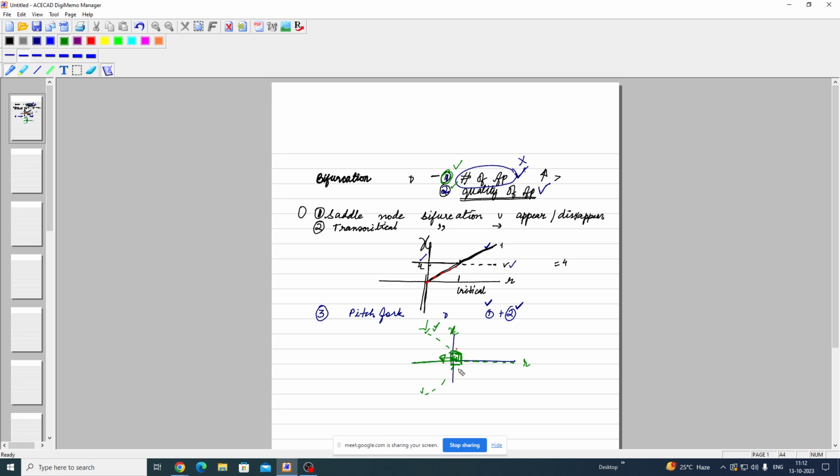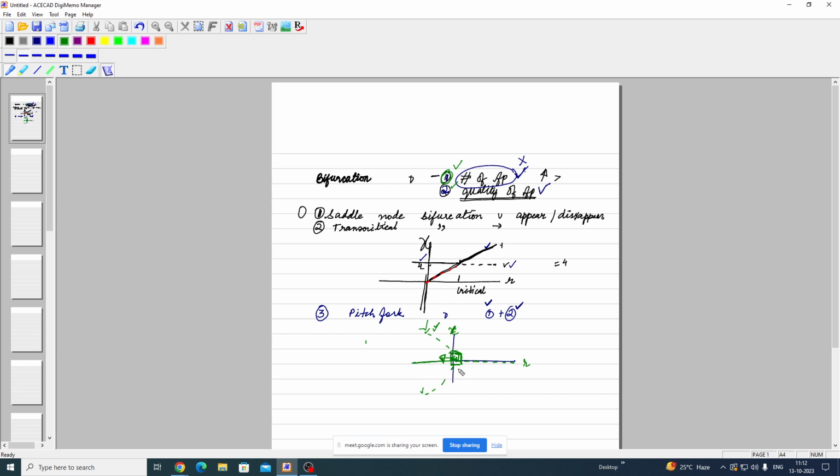The way I talked about it in the online class is whether the pitchfork is happening to the left or to the right. Here it's happening to the left, so this is subcritical.